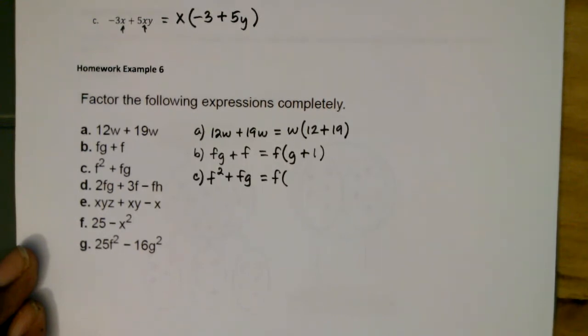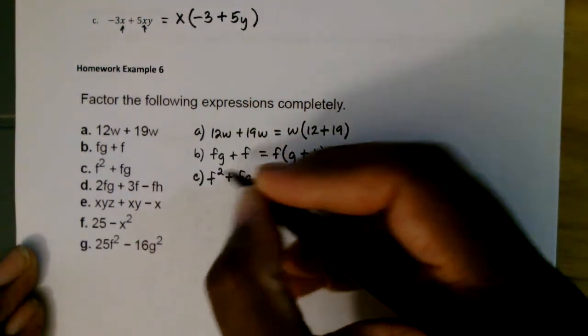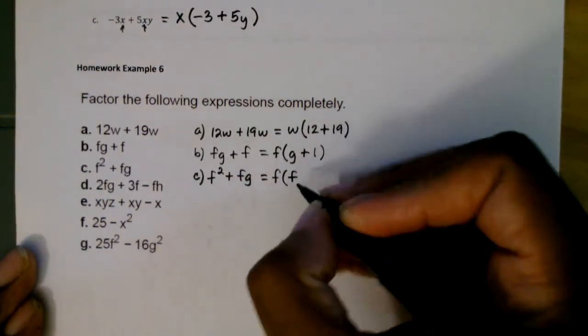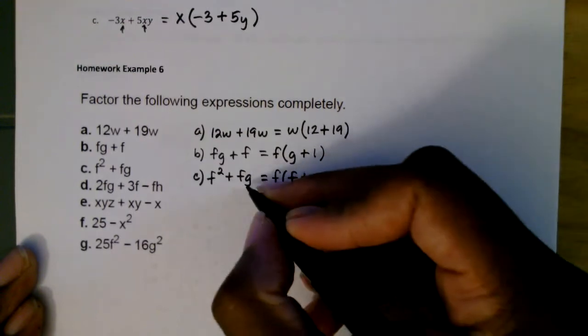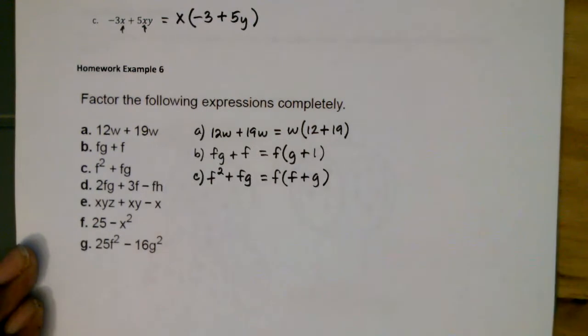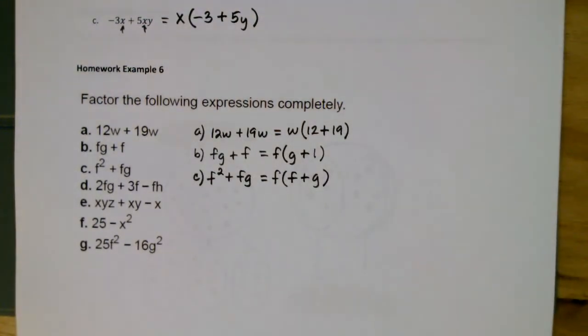You want to select the common variable with the smallest exponent. So if I factor out the f, f squared divided by f would leave me with just an f. And then plus fg divided by f, that would be g. So it's f times the quantity f plus g.